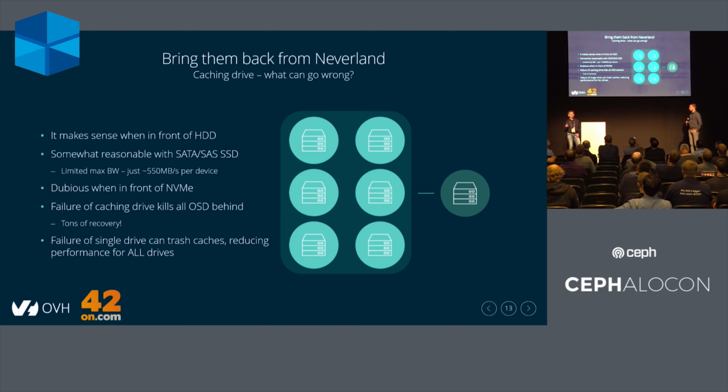So if you are putting some kind of drive in front of NVMe drives, you are risking that if that caching drive fails, you will lose all NVMEs behind this caching drive. And on the other way, if you are going to lose an NVMe drive, the rebalancing process and then recovery will cause your caching drive to get trashed and won't give any speed benefits. So in case of NVMEs, it's simply useless.